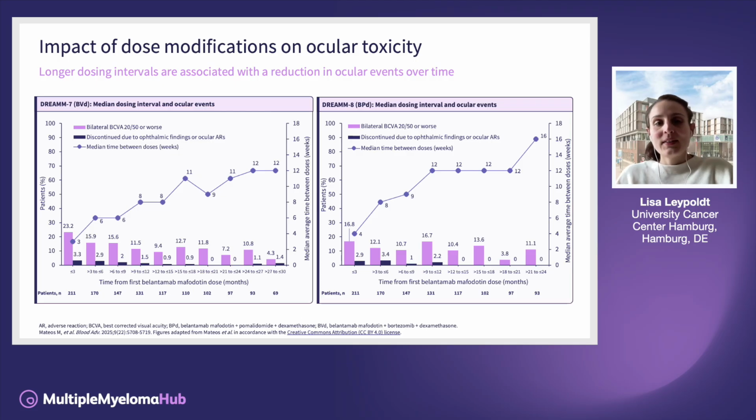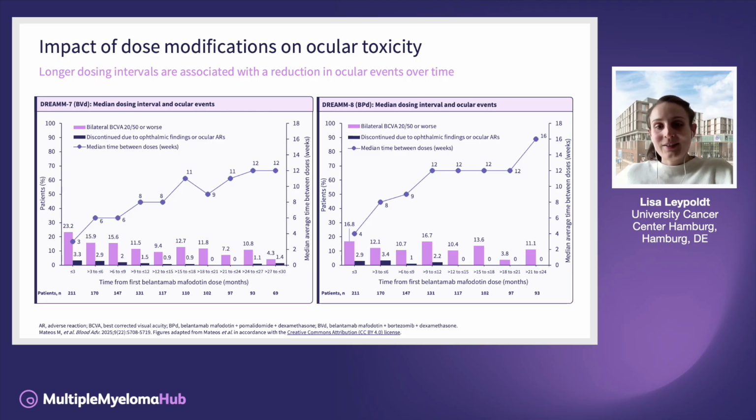You can see here the dotted line is the dosing interval, and this goes up from 3 or 4 to 12 to 16 weeks. And those bars in the bottom depict that the rate of ocular events decreases with a longer dose interval. So you should feel comfortable that you can reduce the dose, reduce the frequency, and thereby reduce the ocular adverse events.